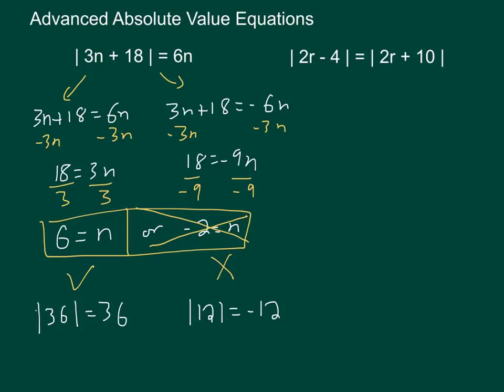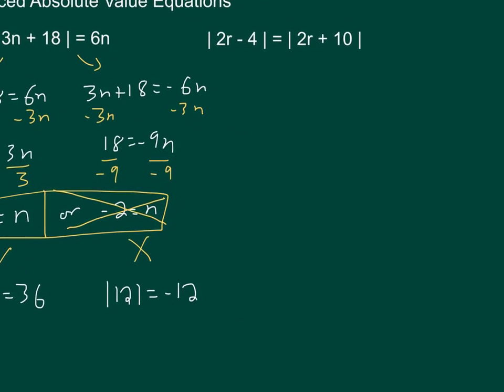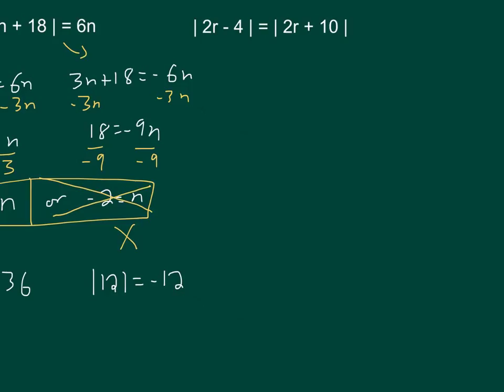Alright, let's clear up some space so that we can look at the next problem. Now for this problem, we're still going to split it up, and our two equations are going to look similar, but we're going to ignore the fact that we have two different sets of absolute values, and we just have 2r minus 4 equals 2r plus 10.